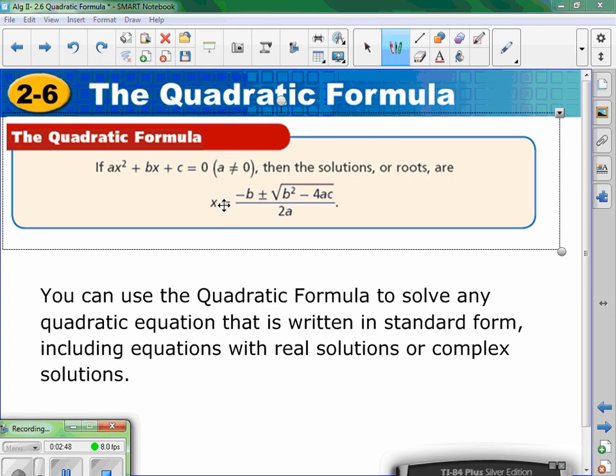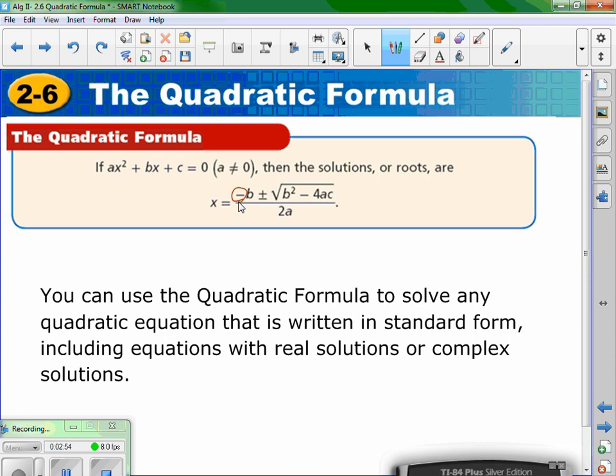The common mistakes when using the quadratic formula, people lose the negative in front of the b. Also, a thing that's messed up is this part. This all over 2a goes underneath everything, not just the radical.